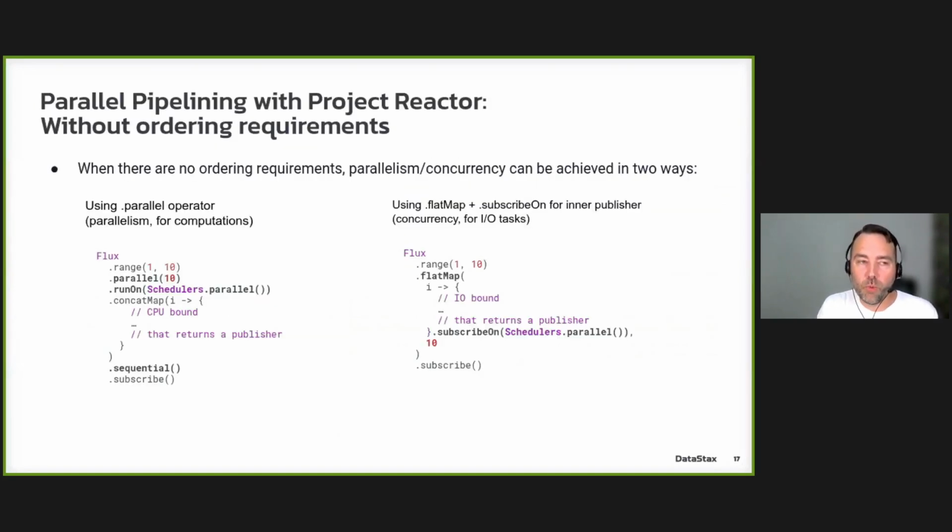So we will go into some low-level details of achieving this with Project Reactor. I have almost pseudocode level examples. It's not something that you could directly copy-paste and run, but I'm walking through the main parts that are needed for doing parallelism and concurrency with Project Reactor.